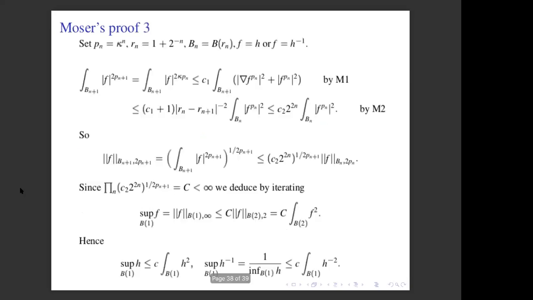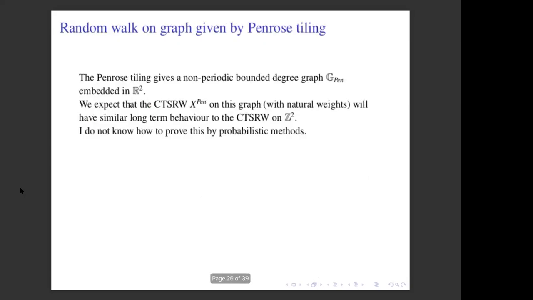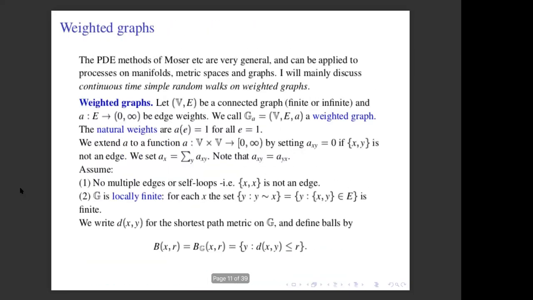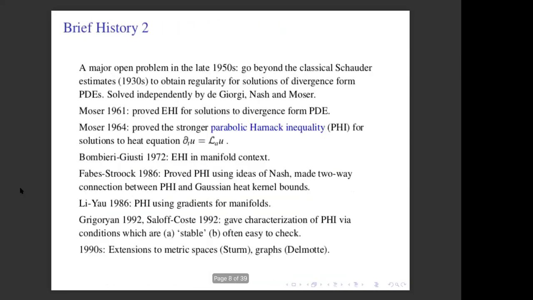So, sorry, let me take a step back. If we go all the way back in the history, Bombieri and Giusti used the EHI to prove a result about minimal surfaces. They needed volume doubling, the Sobolev inequality, and the Poincare inequality. So they took Moser's ideas and generalized them into a manifold context.